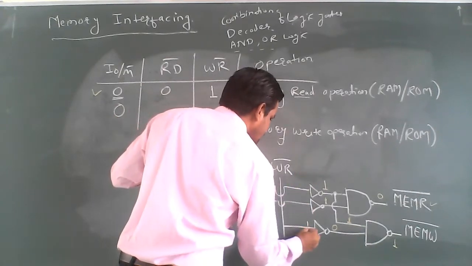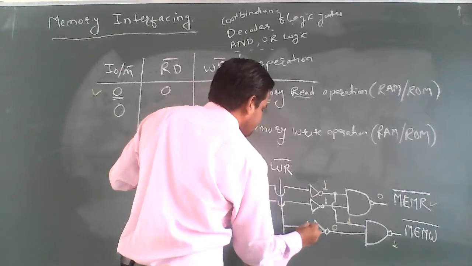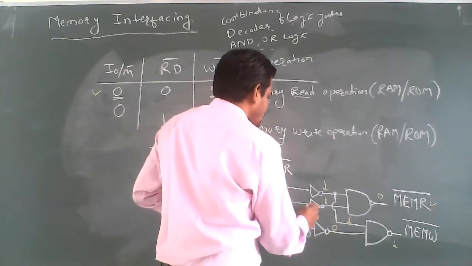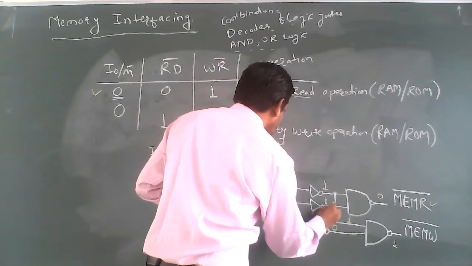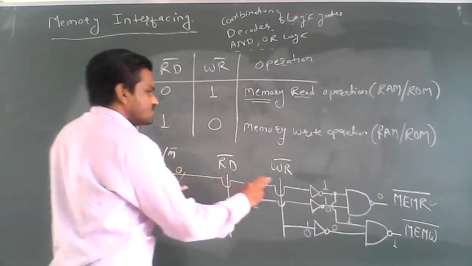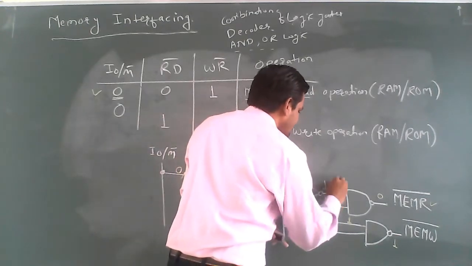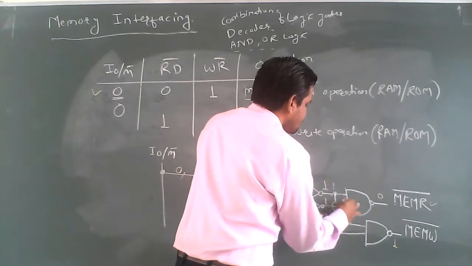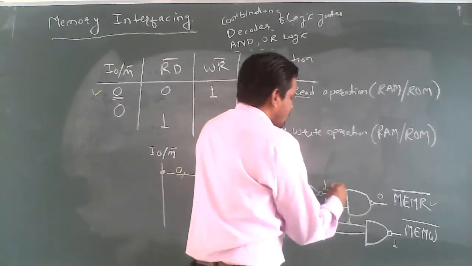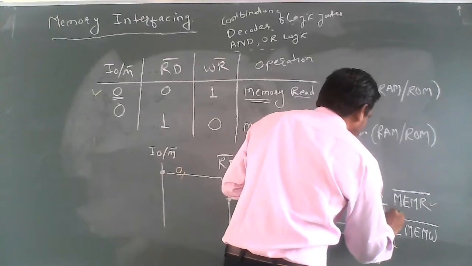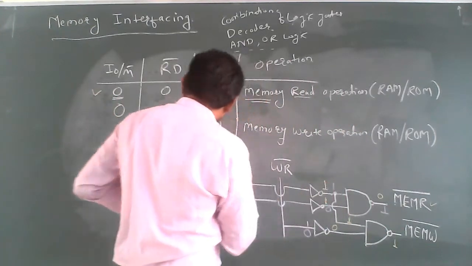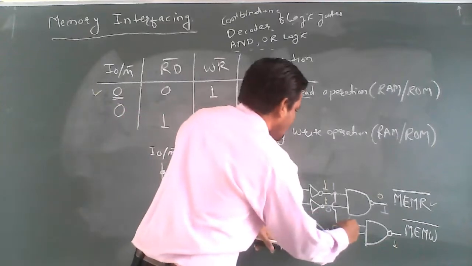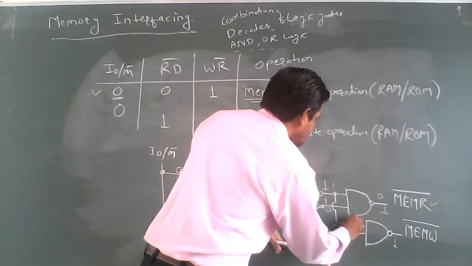So this 1 goes to this inverter, so it becomes 0, and this 0 becomes 1. Then the 1 and 0 combination will be 1. Now your IO/M bar is equal to 1, so this is as it is 1.